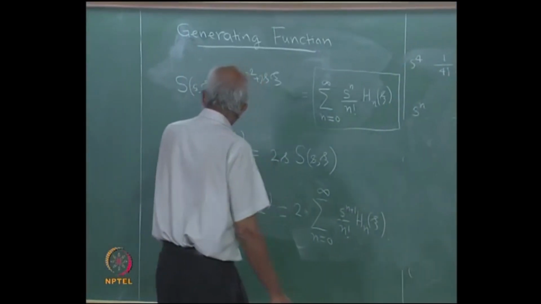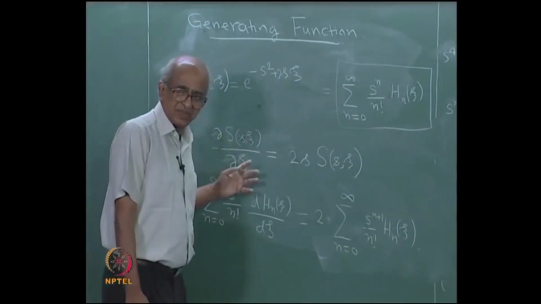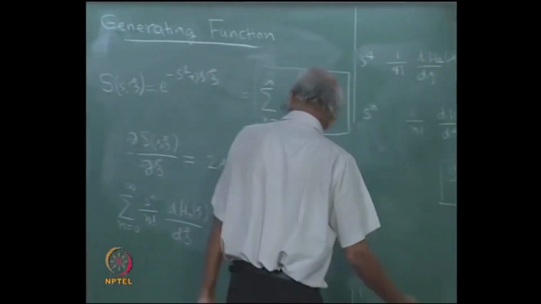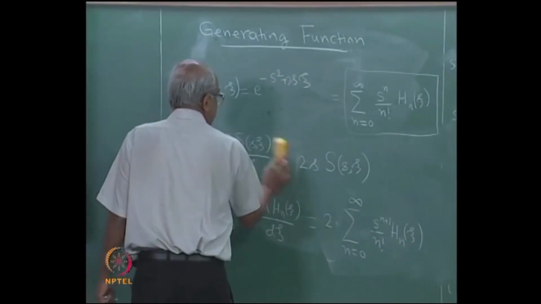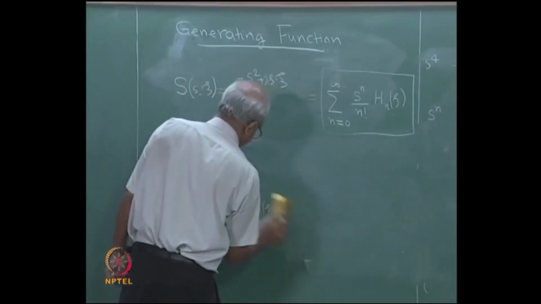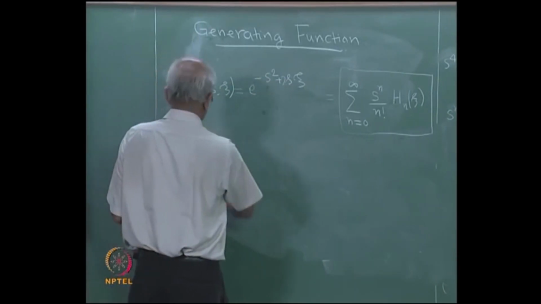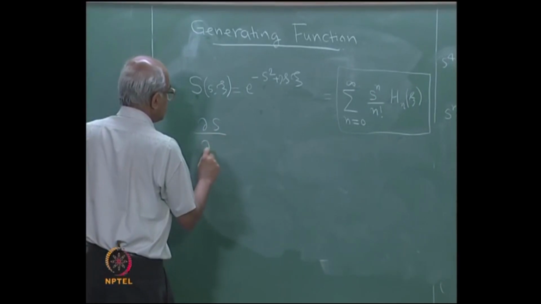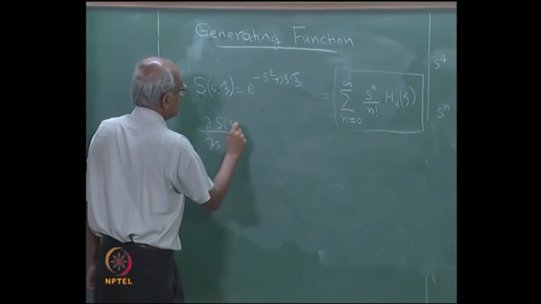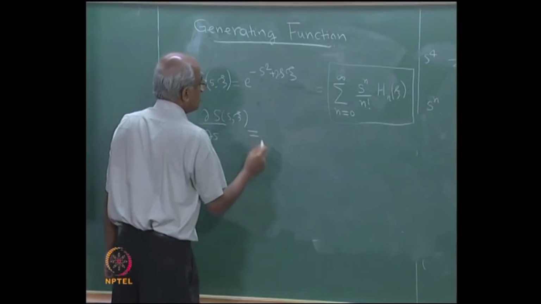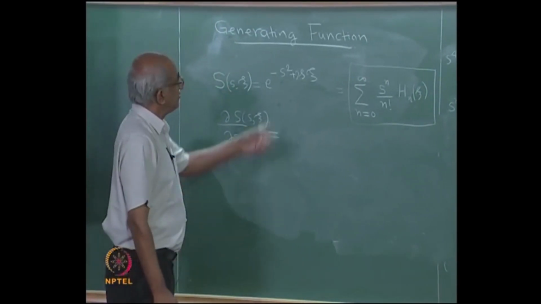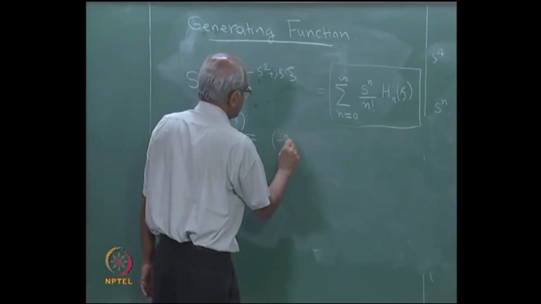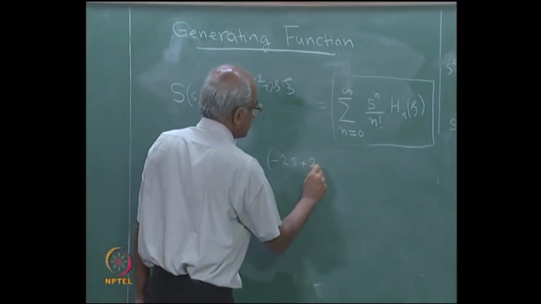Now this I have done by differentiating with respect to c, but now let me differentiate with respect to s partially and see what the answer is. So dou S by dou s is equal to, if you differentiate partially, what will happen? You are going to get minus 2s plus 2c, right?